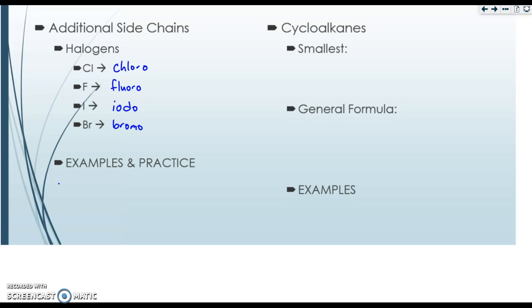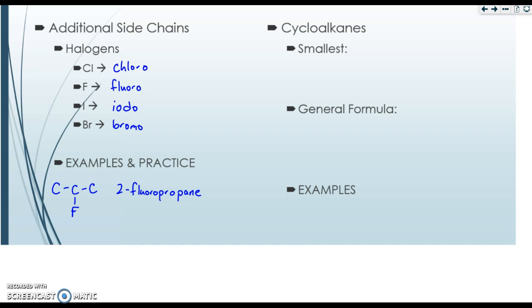So if I had something like this, CCC, and then I have an F off of the second carbon, I would still identify my longest carbon chain, which is propane for 3. And then my F is on the second carbon, so I would name this 2-fluoropropane. So once again, the exact same thing as before.